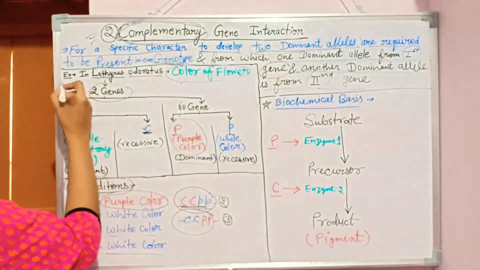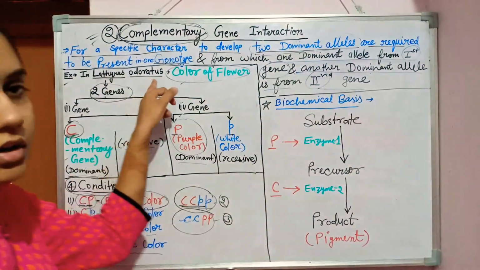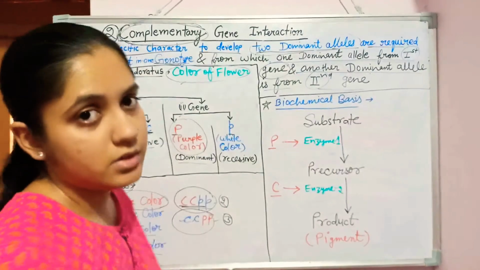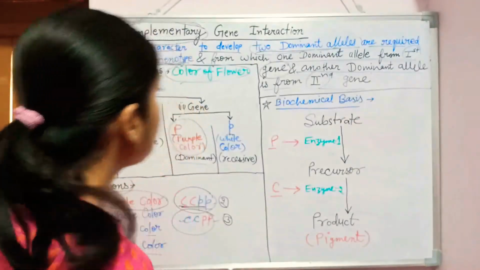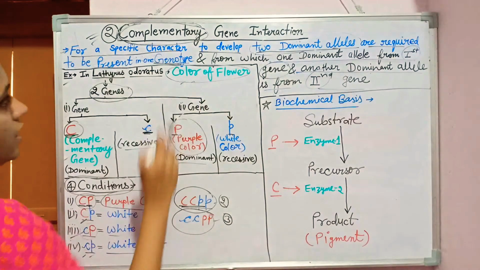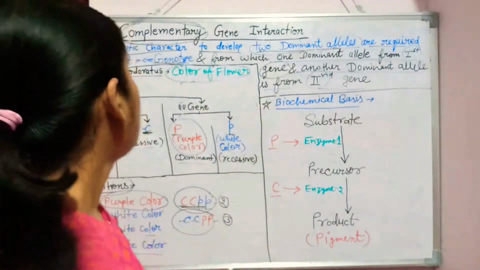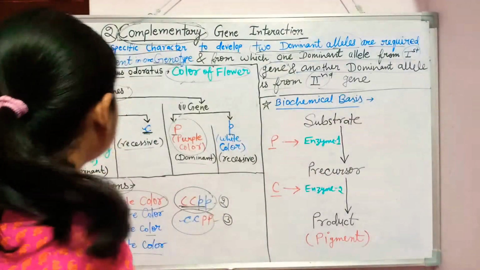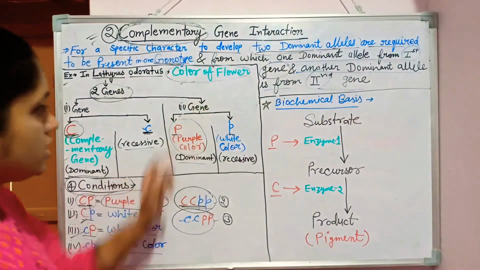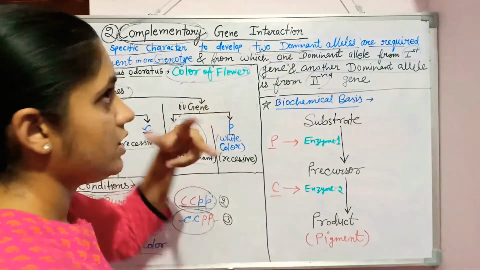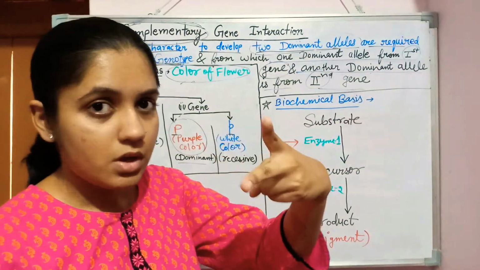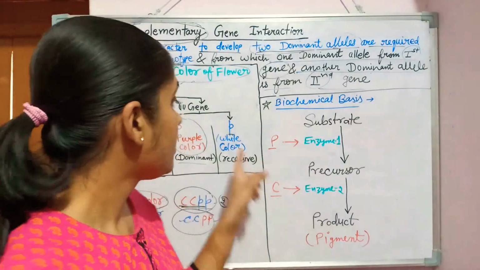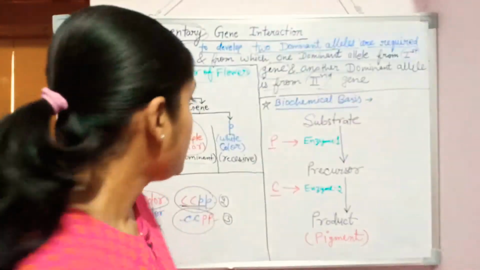The example is in Lathyrus odoratus, the sweet pea, where the color of flower character is taken. For controlling this flower color character, two genes are there, the first gene and the second gene. The flower color has two contrasting forms: first is the purple flower and second is the white flower.